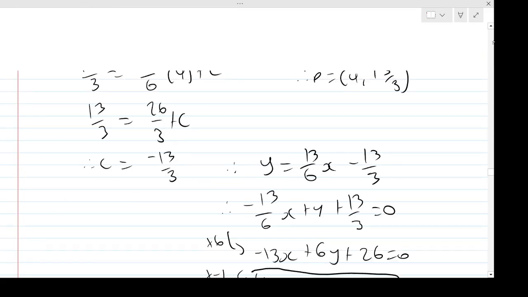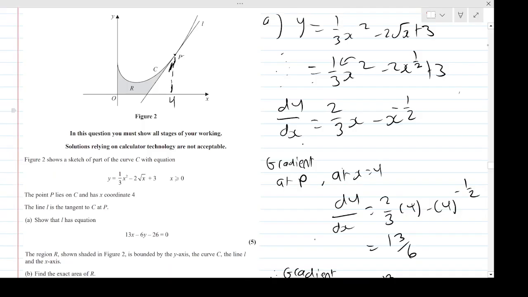But obviously I'm going to have to take away the area after the line here, to leave me with R. So we take away the area underneath the line. Now it would be between 0 and 4, because that's my limit. So the line is between this point here and 4.